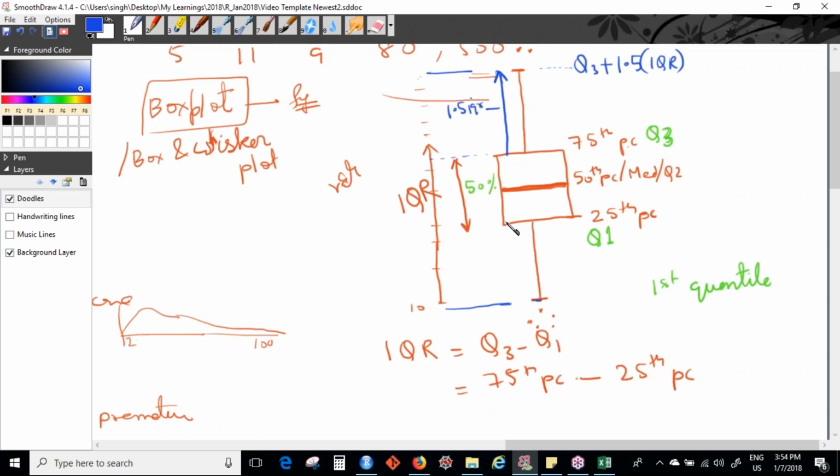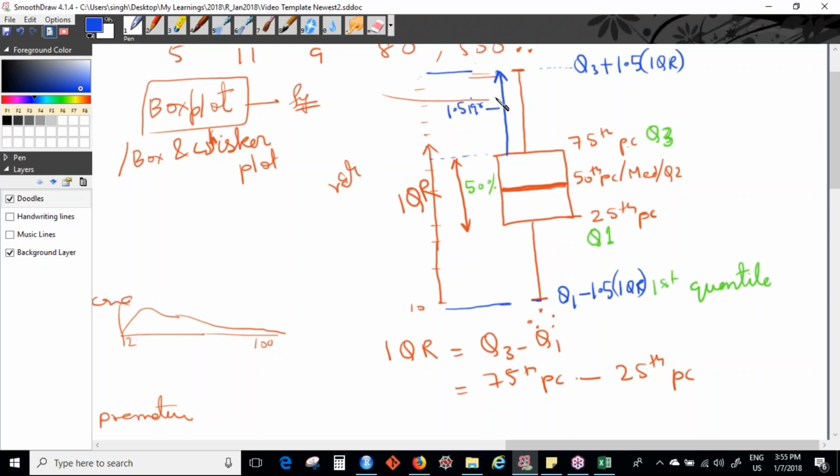Ravi, if you add something to Q1, you will go up. You will not go down. Agree? This is your Q1 you are adding, so you will go up. Yes, you are right. So this distance is nothing but Q1 minus 1.5 times IQR.